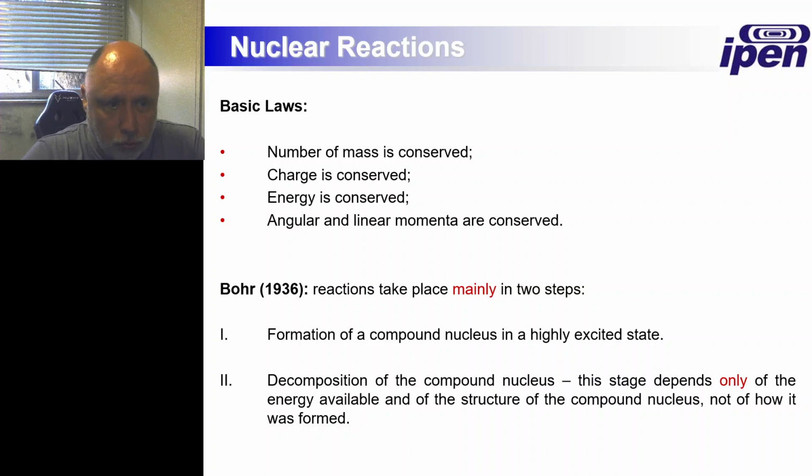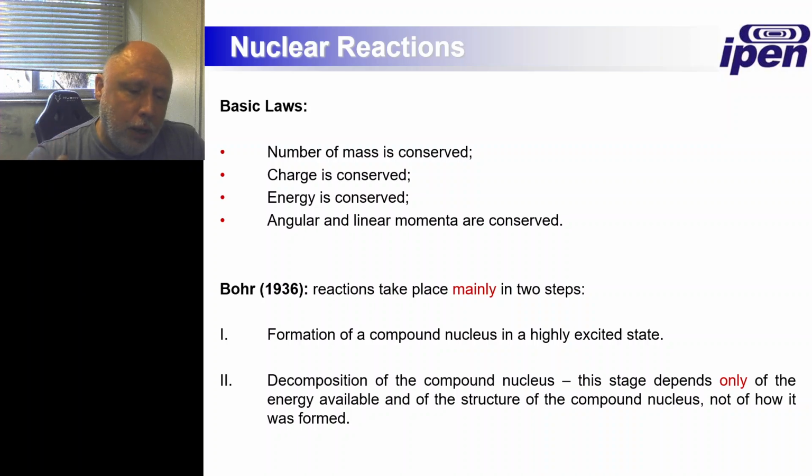Energy is always conserved, remembering that mass is energy and energy is mass. So when we do energy conservation, we have to take mass into consideration. Angular and linear momenta are always conserved too. These are the essential laws for everything. And there's an extra law that's not written here, but I already told you on the previous slide.